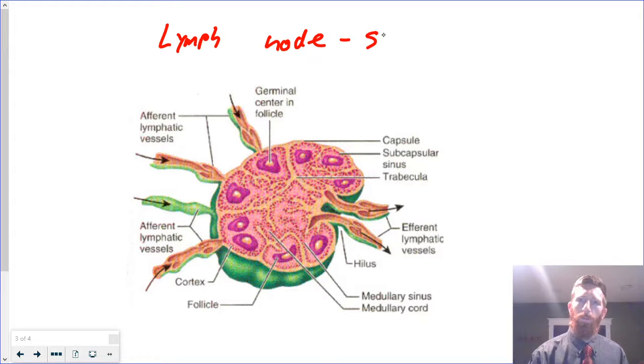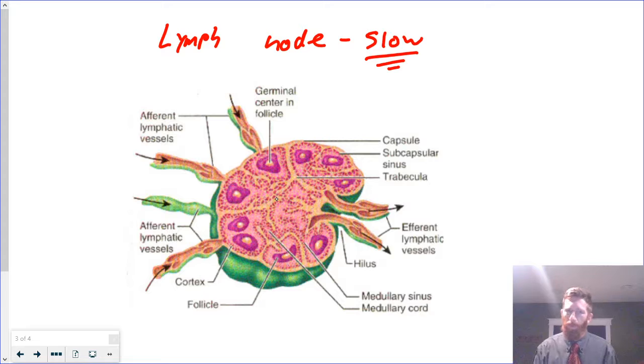That gives all of these white blood cells clustered in the lymph node time to analyze the lymph fluid, fight infection, and make sure that everything's working.